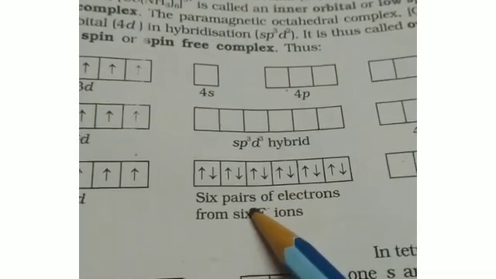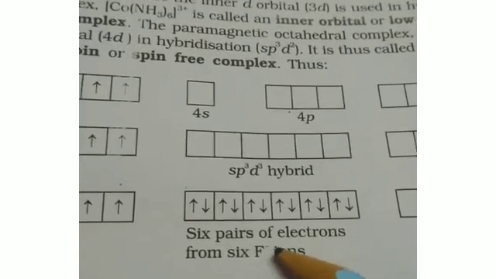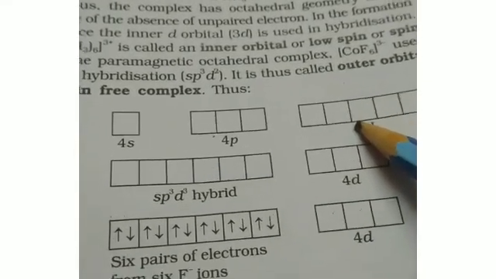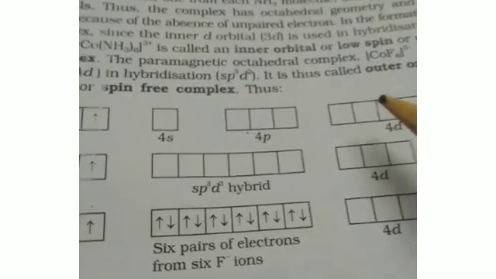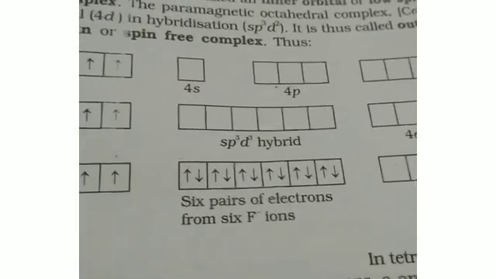Here, the electrons for the hybrid orbitals will be supplied by the fluoride ions, 6 pairs of electrons from the 6 F- ions. And this is how the hybridization is happening. Okay, here the outer d orbital is used. So this complex is called an outer orbital complex or spin free complex or high spin complex.